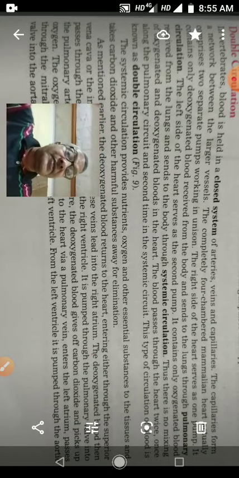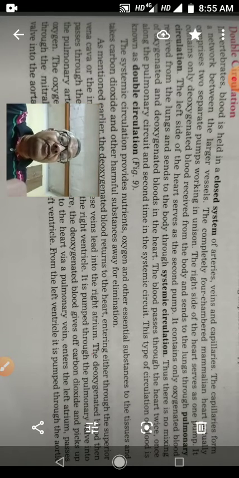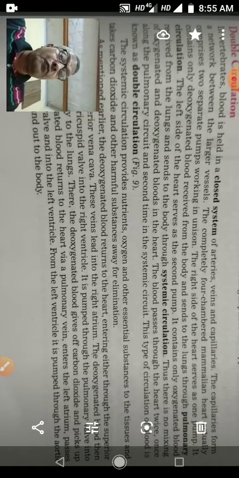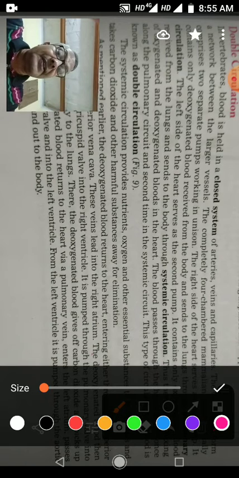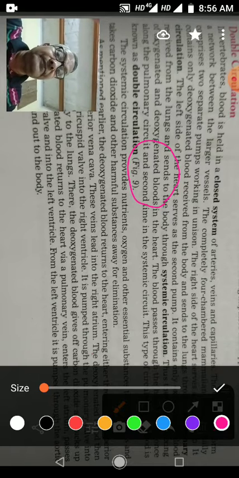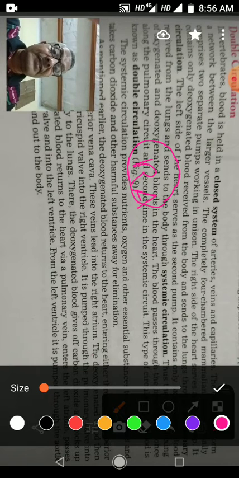Children, you have studied that the human heart is made up of 4 chambers. So there are 4 chambers of the heart. There is the right atrium, and this is the right ventricle.